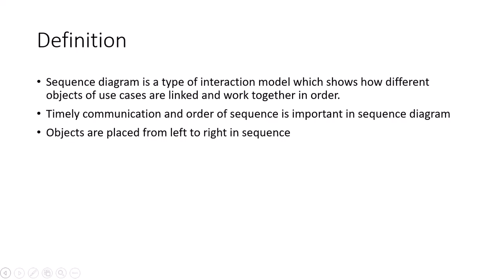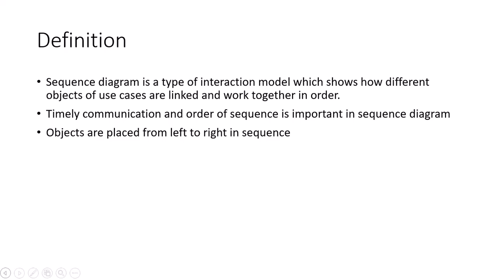Yes, it is possible that a particular use case is mapped into one object, but it can comprise of many objects, several objects. So for example, if we have 5 use cases, there is the possibility that the number of objects is more than 5. Timely communication and order of sequence is important in sequence diagram.